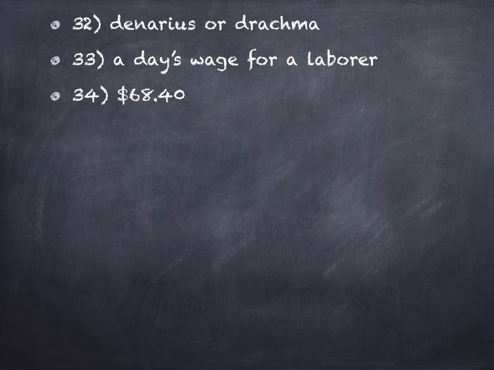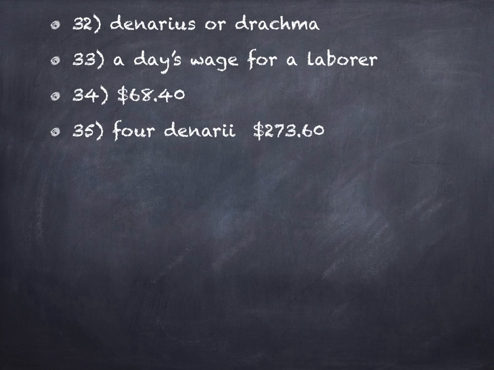So the denarius is kind of the standard unit in the middle, a mid-range monetary value. And then they talked about a shekel. They tell us in the article that a shekel is 4 denarii, which, if I did my multiplication correctly, and I used my phone calculator, is $273.60.